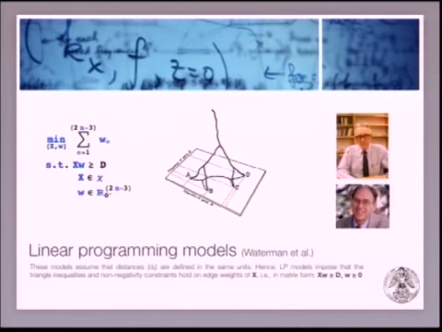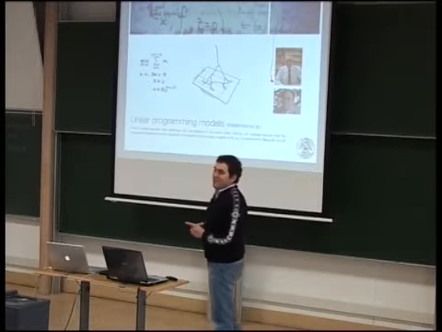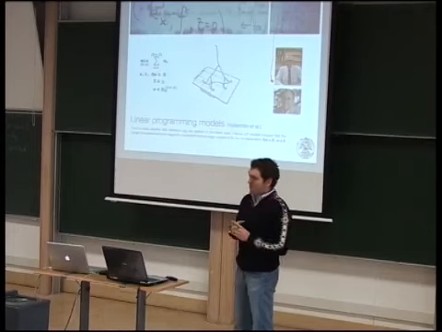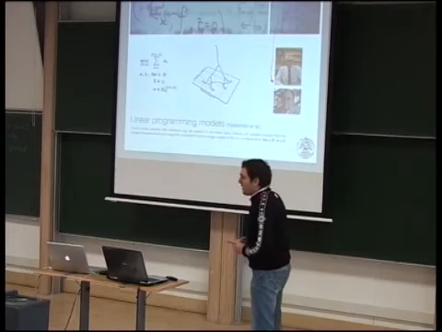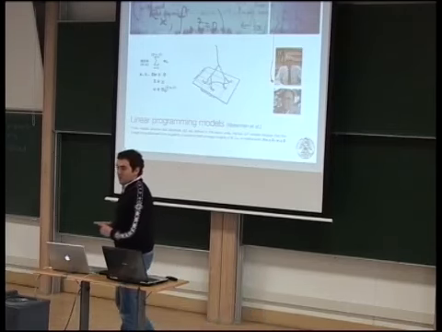And Waterman et al., the first one and the second. They observed that if the distances must be measured in the same unit, then distances must define a proper matrix, and in particular, the triangle inequality must hold.